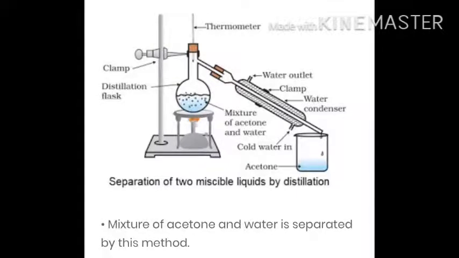The principle for this process is that the separation is based upon the principle that at the boiling point of the more volatile, that is, low boiling point liquid of the mixture, the vapor almost exclusively consists of the more volatile liquid.